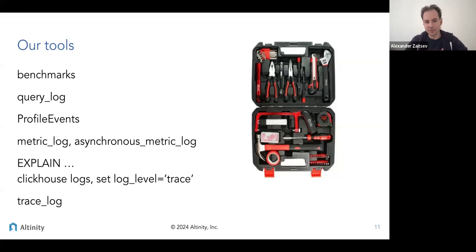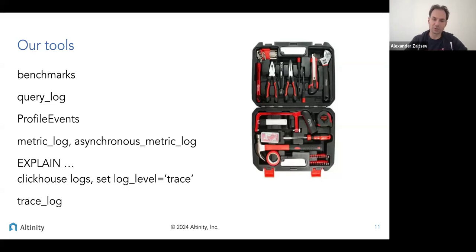Also, there is an explain statement that can be used for a particular query, and ClickHouse has several different kinds of explain statements that show you different things about the query planning, the query execution, the query estimates, and we will show you a couple of examples. And finally, there are logs, and there is the ClickHouse log, which you can look into in the file system.